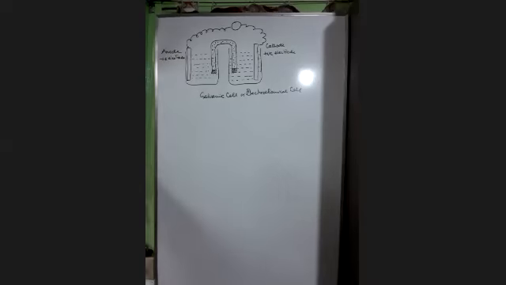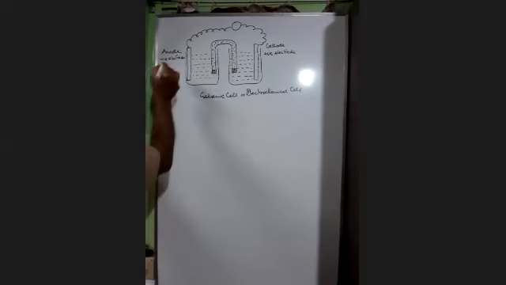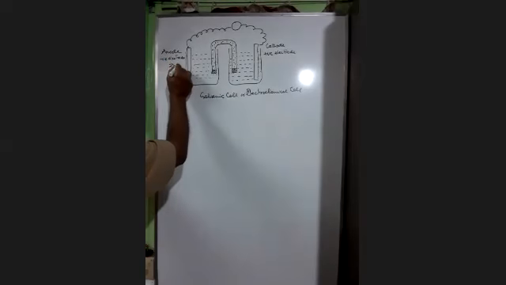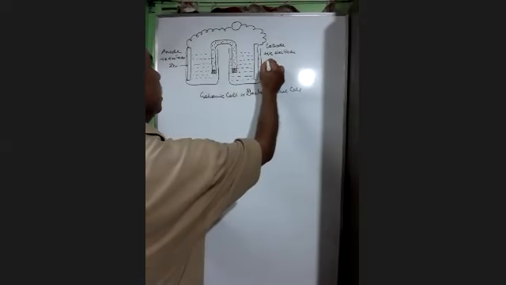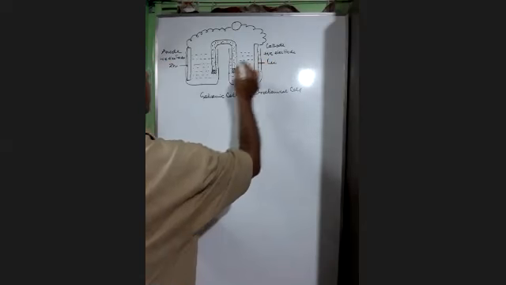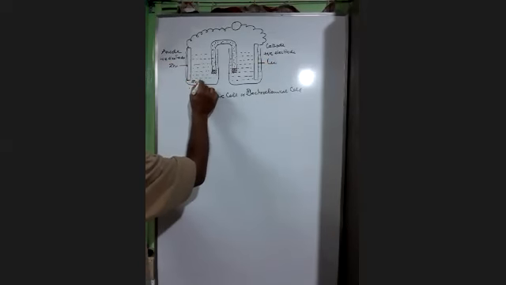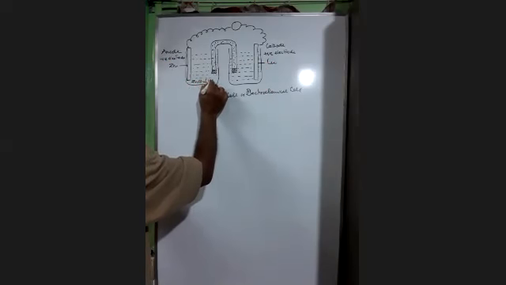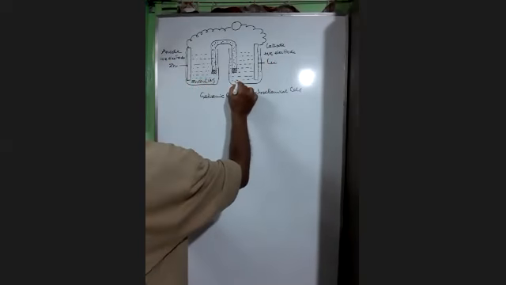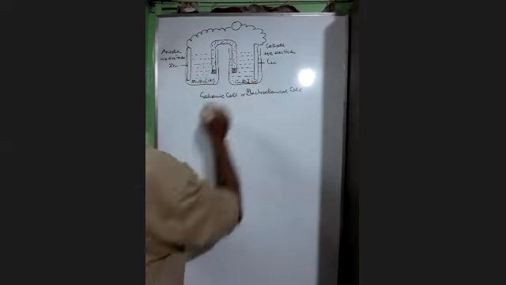The electrode could be anything. So say for this case, this is zinc and this is copper, and we have taken here zinc sulfate 1 molar and copper sulfate 1 molar.